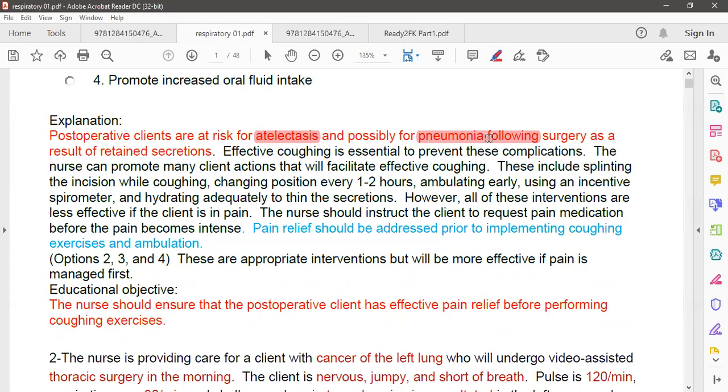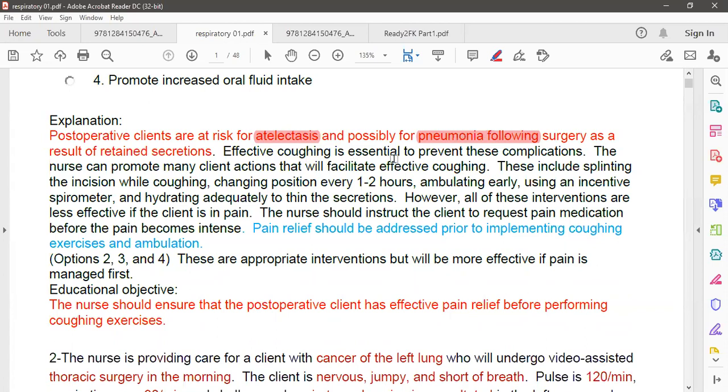Both are possible after surgery, so we have to take care of them. We always have to check the upper respiratory tract. Is it clear or not clear? And infection develops because of retained secretions.